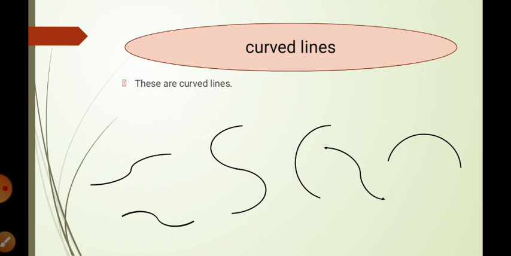Or when you write the number 1, you only have to use a straight line to draw 1. And when you want to write number 2, you have to use one curved line and then one straight, sleeping line. So these are the straight lines and these are the curved lines.